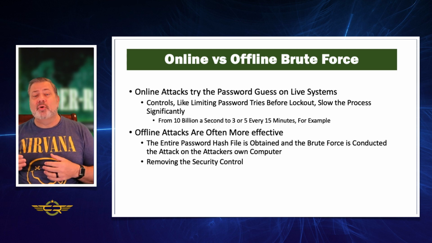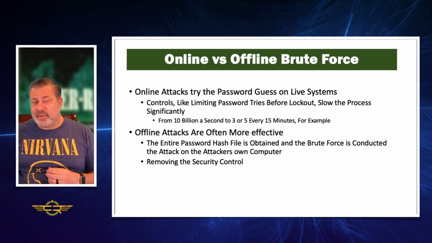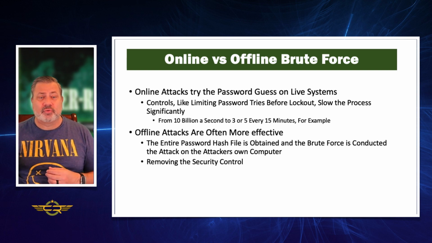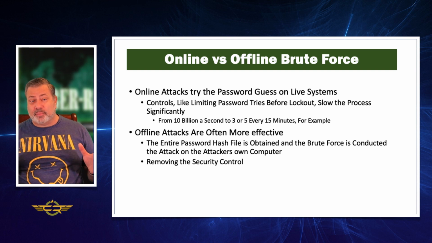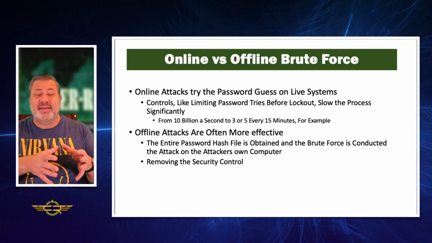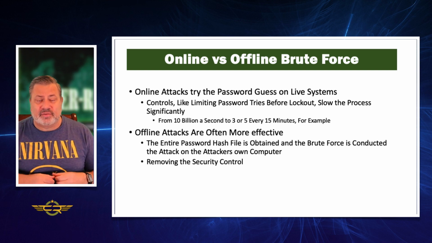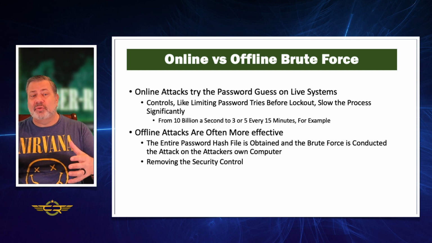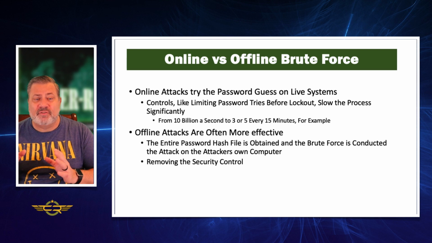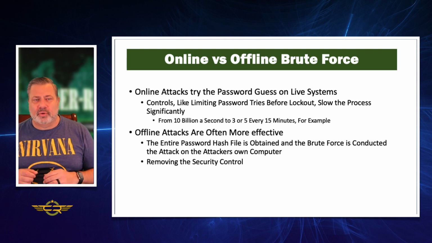In this way, we're removing that security control that's going to limit the amount of passwords that can be tried. Obviously, the problem here is the attacker has to get some way to get to that password file. How can they get to the SAM or the PAM? How can they get to the place where the credential file, the hashes, are stored, right? So that's the challenge in this one.